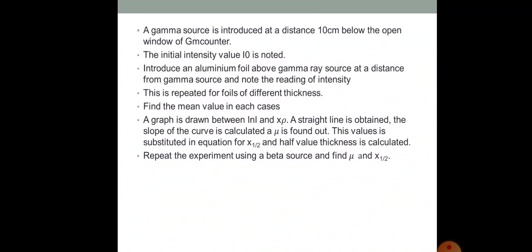Repeat this for foils of different thickness and find the mean value in each case. A graph is then drawn between ln I and x rho, and we get a straight line whose slope gives mu. The value is substituted in the equation for x half to get the half value thickness. Repeat the experiment using a beta source also, and find mu and x half.